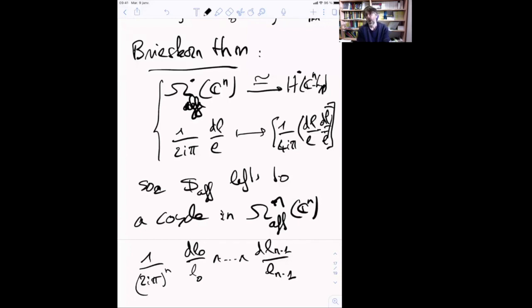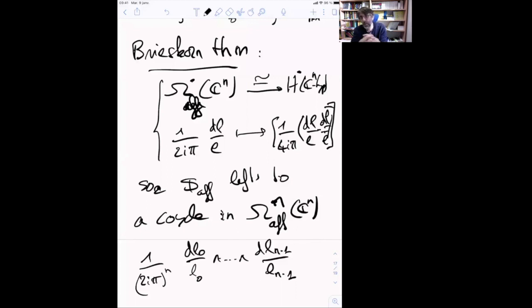Once you have a cocycle with values in the cohomology, then to get a meromorphic form, you have to say that the cohomology can be represented by meromorphic forms, maybe with singularities along these hyperplanes.